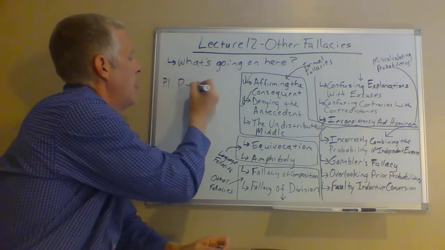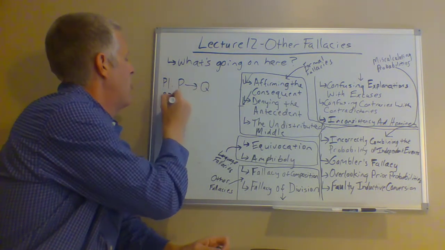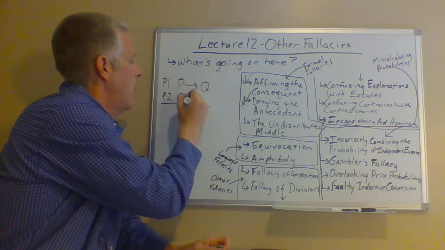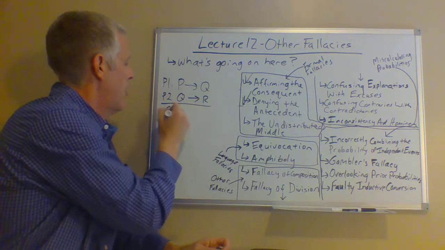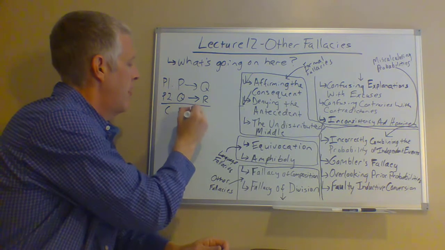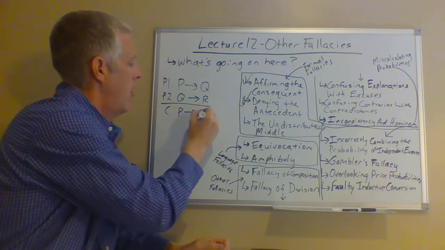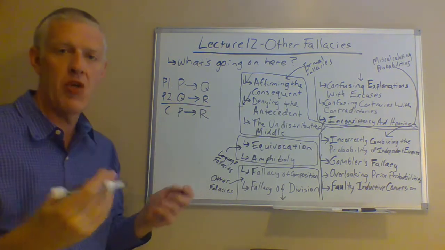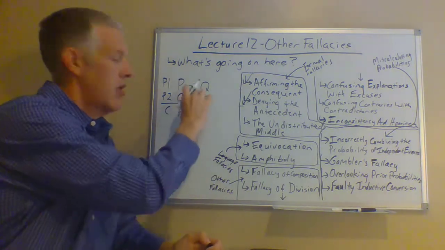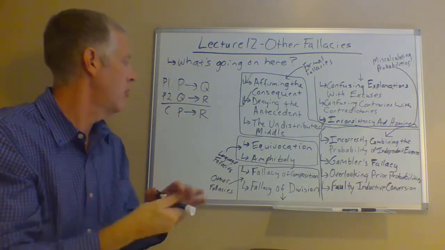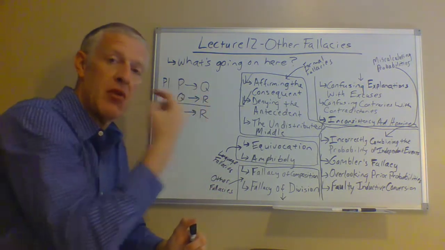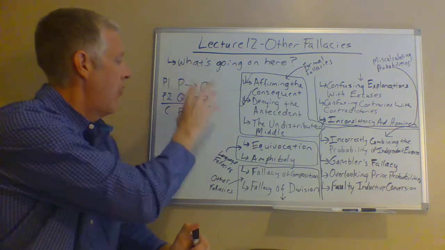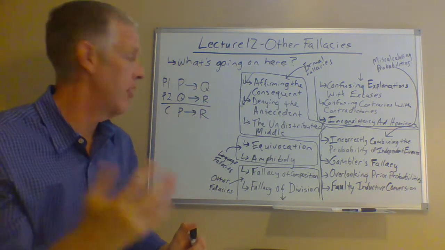So: if P then Q, premise 2 would be if Q then R, and the conclusion would be if P then R. Okay. That is valid no matter what you plug in for the contents of the argument, as long as the variables are consistent. That will always be a valid argument.